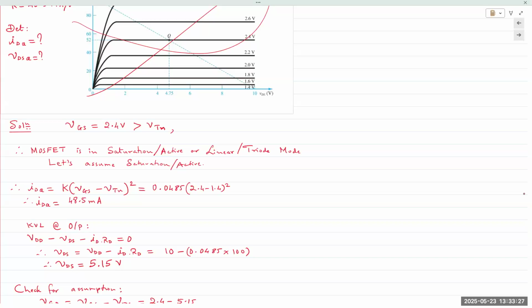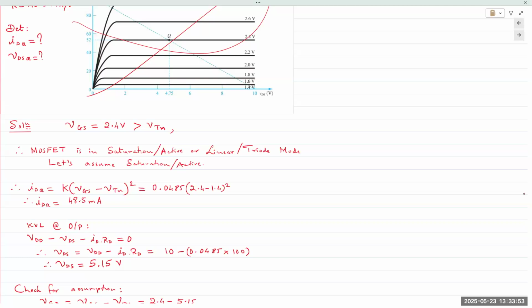So we can assume the linear or triode model and use the equations for the triode region, but let's assume saturation or active. We're trying to use this as an amplifier similar to a BJT. Then it makes sense to assume active mode for a BJT and saturation or active mode for an FET or a MOSFET.